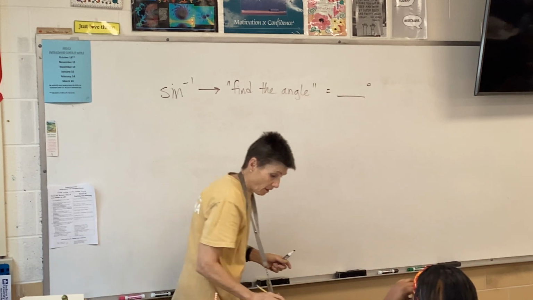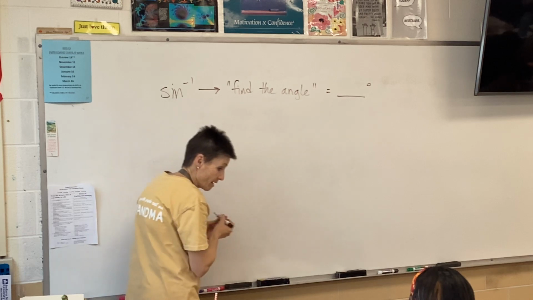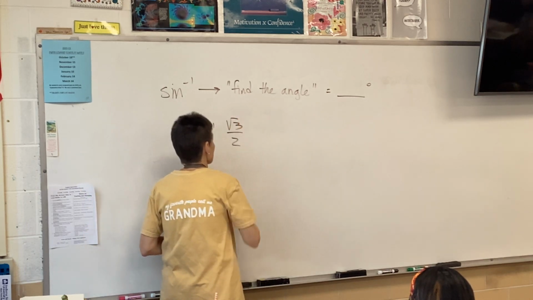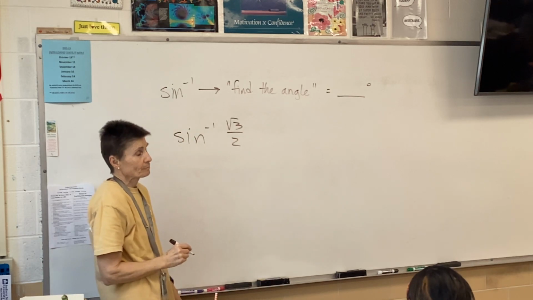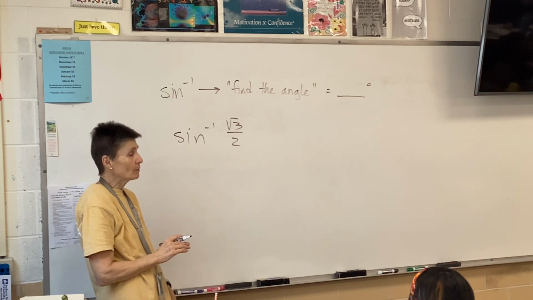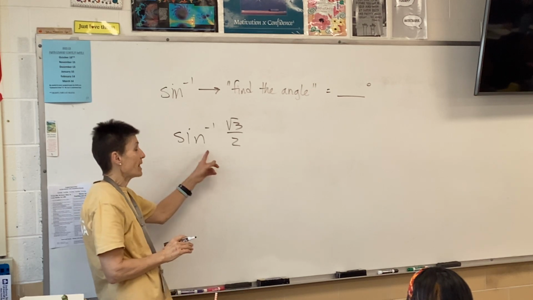Okay. All right. So this says, find the angle whose sine is √3/2. Now we know that there are millions of angles that have that sine.